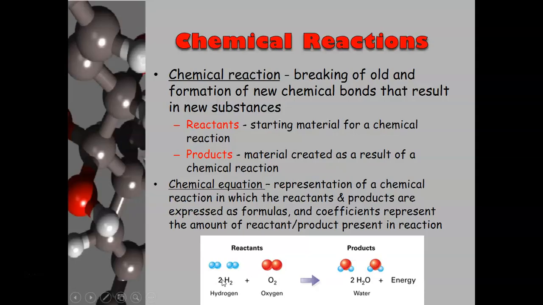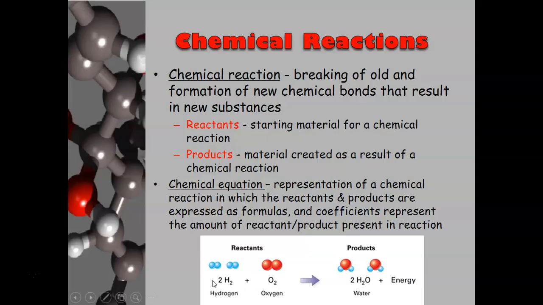And oftentimes we talk about chemical equations, these shorthand ways to represent the reaction itself. So, writing it out: how many of a particular compound go into those reactants, and what do I get out as products.